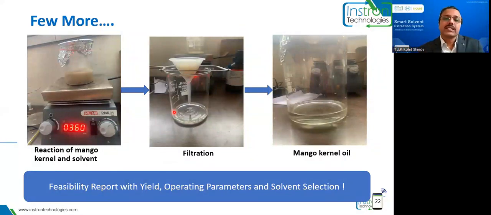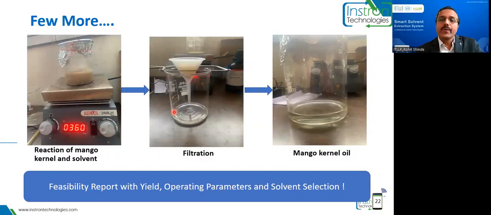Similar to the mango kernel extraction, considering the needs of the farmer, we also worked on geranium extraction. We developed the process and optimized it to get a higher yield. Geranium oil is used in various places: as a stress reliever, for anxiety, sadness and fatigue, and it also balances emotions as well as hormones.